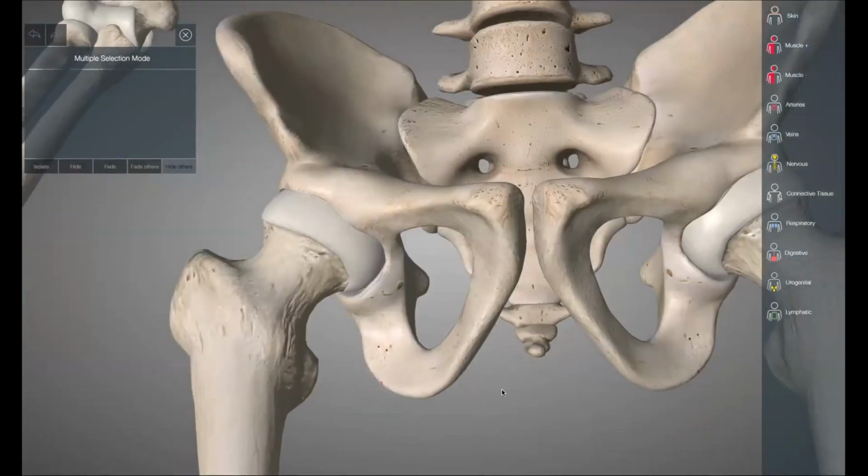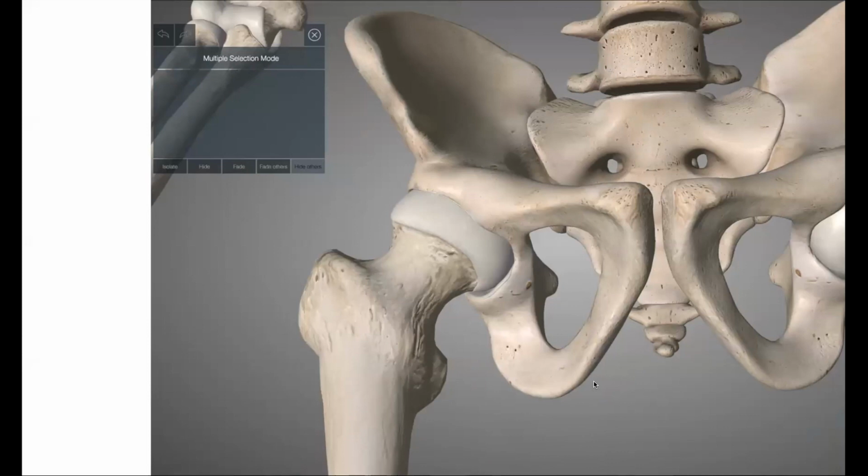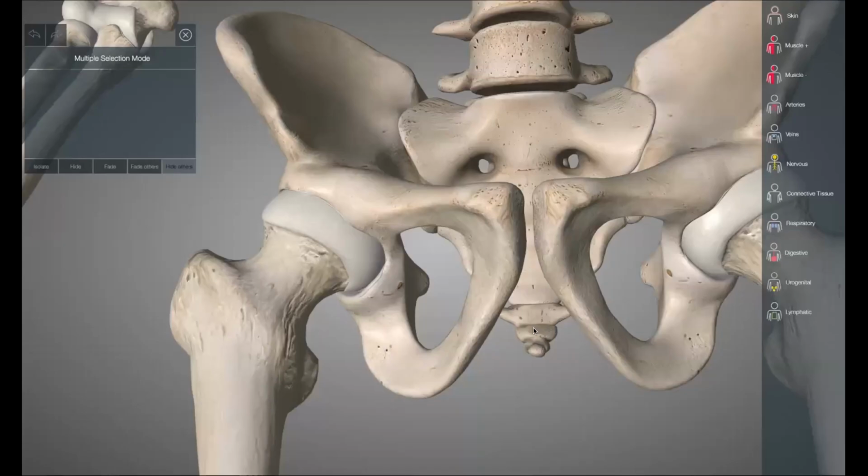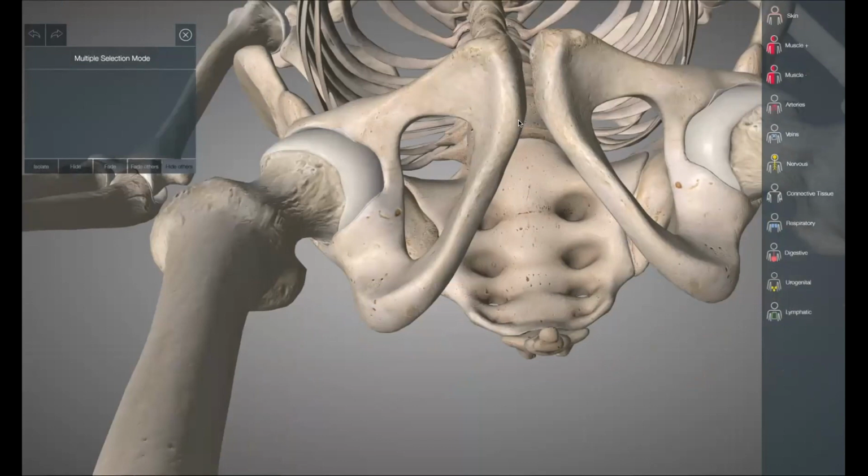Ischial tuberosity laterally and anteriorly we have the pubic arc, the inferior border here.